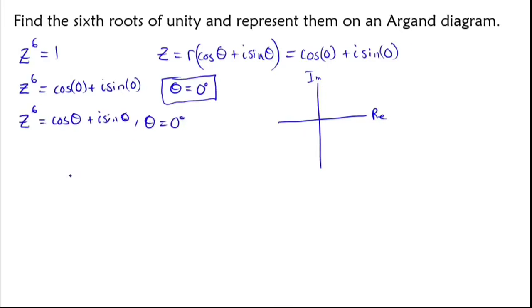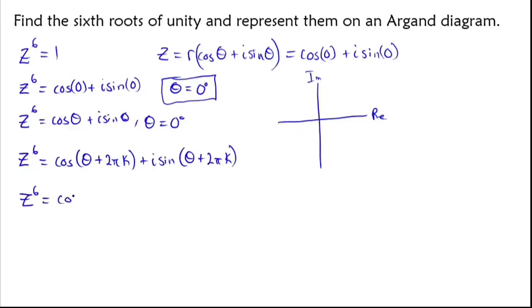So the generalized version of this will be z power 6 is equal to cos of theta plus a complete revolution, that's 2 pi k, plus I sine theta plus 2 pi k. But remember, our theta is 0, so this means that z power 6 is equal to cos 2 pi k plus I sine 2 pi k.